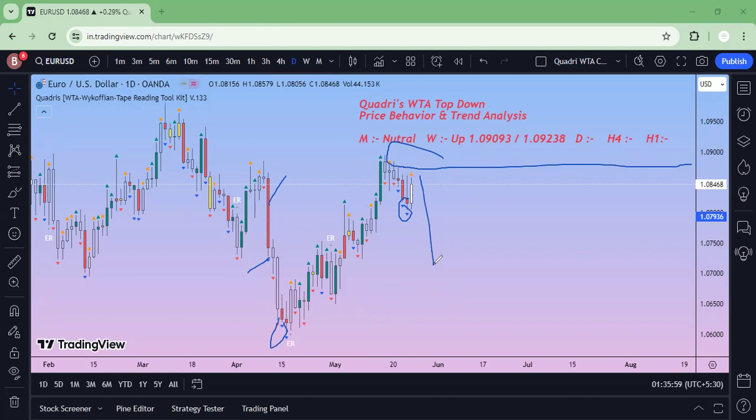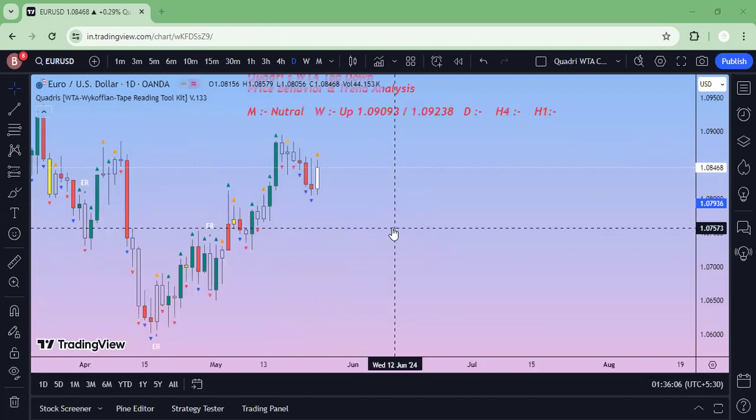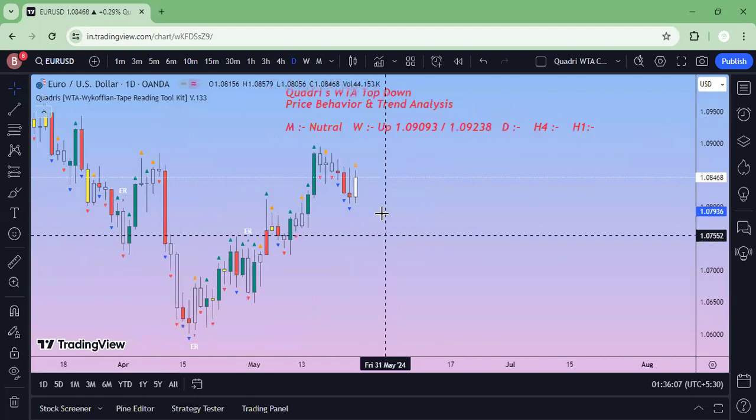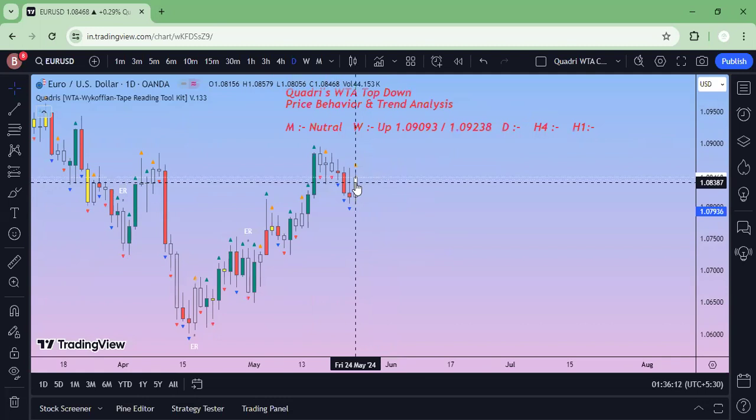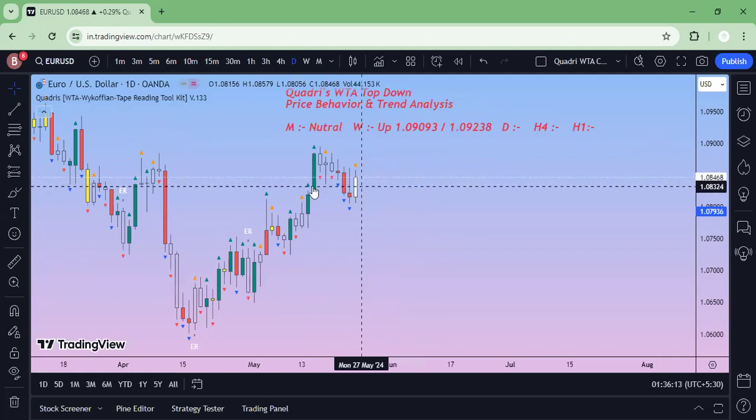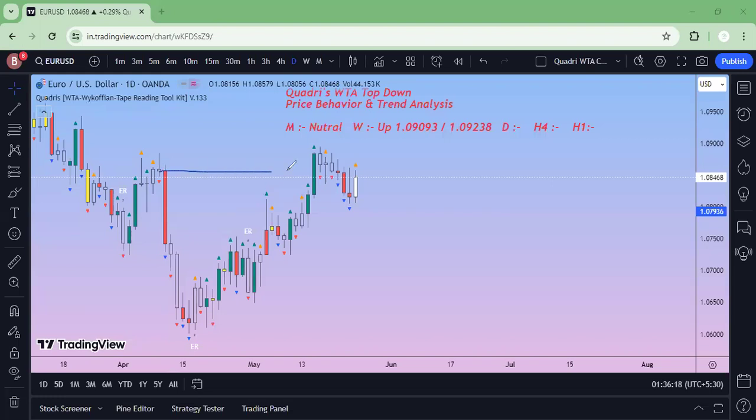So all in all, at this particular point, what I see is, if price has potential to go upwards, then it should first hold this particular level.